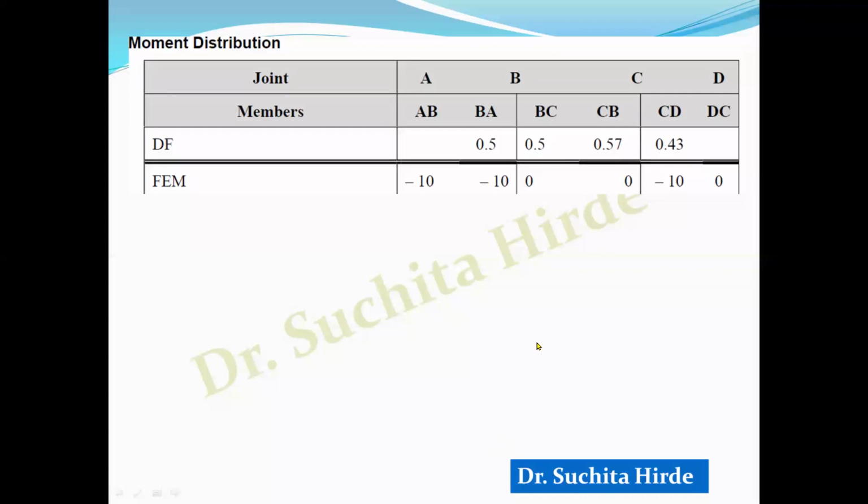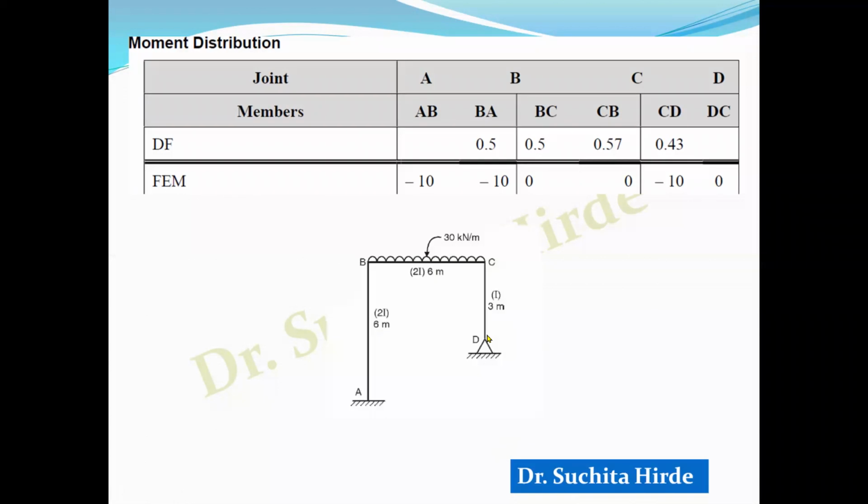While writing the imaginary fixed end moment due to the sway, remember that we have to write this moment only for columns. There will not be any moment for beam, so moment for beam is 0. Again, there will not be any moment for hinge support, so at hinge support also we have to write 0.